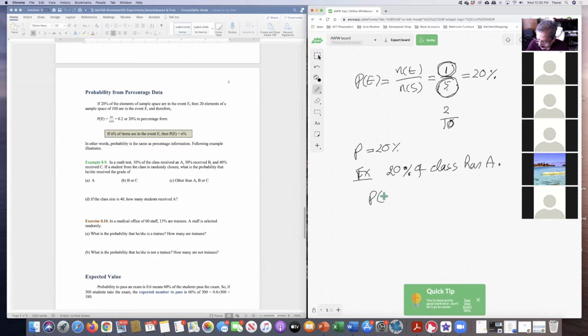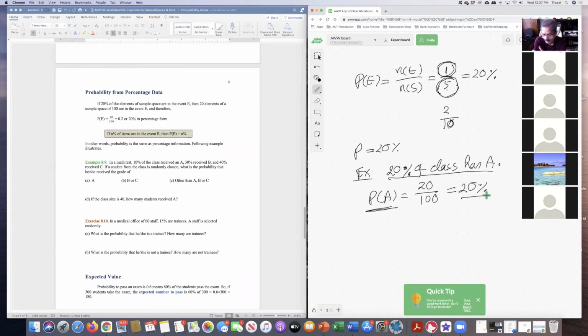So the probability to get A is: 100 students in the class, 20 students have A, so 20 over 100, which is the same as 20%. What I'm trying to prove here is, if the problem says 20% of the class has A, then the probability for a randomly selected student to have A is 20%, the same number, because it means 20 out of every 100, and that's exactly what probability means, the ratio of how many got A as opposed to how many in the class.